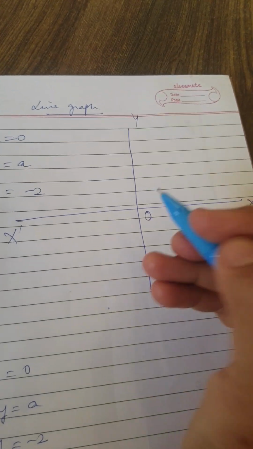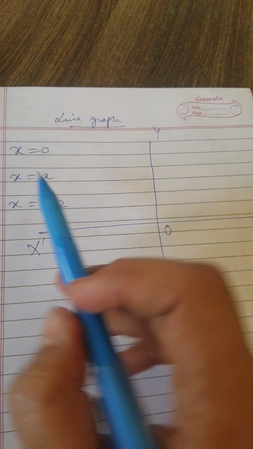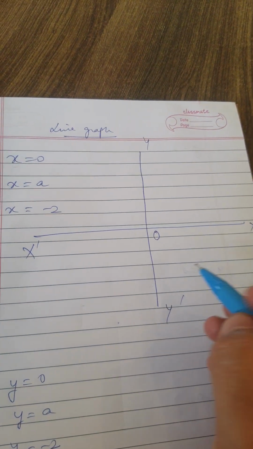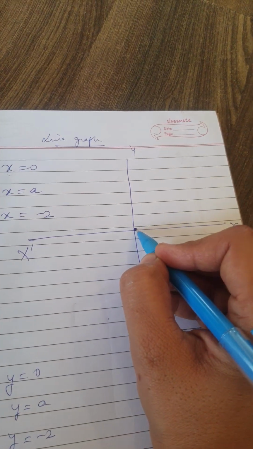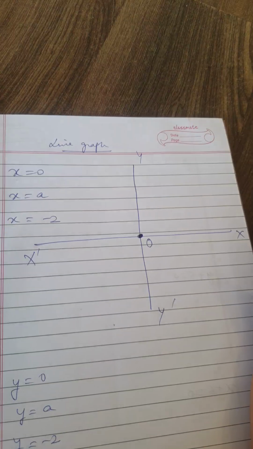These are our axes, XOX' and YOY'. What do you mean by x equal to 0? Where will this point lie? This will lie here, where there is no value for x.